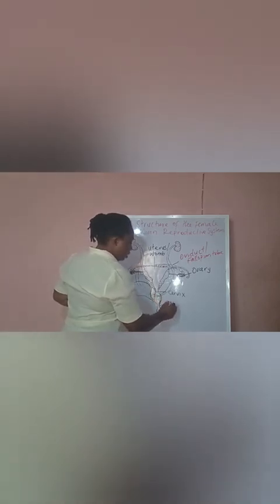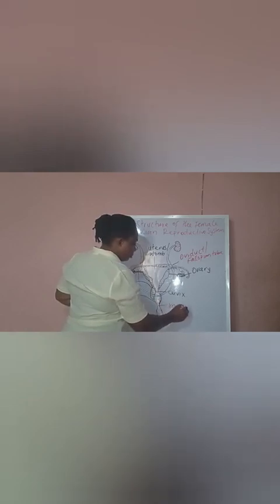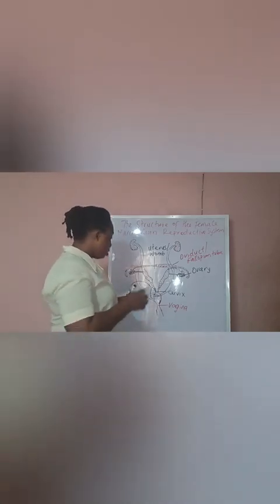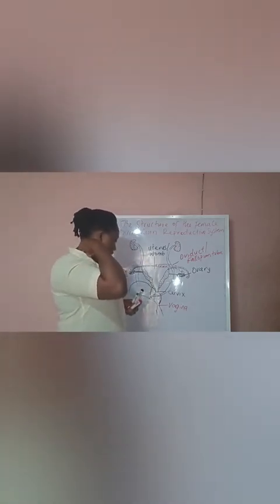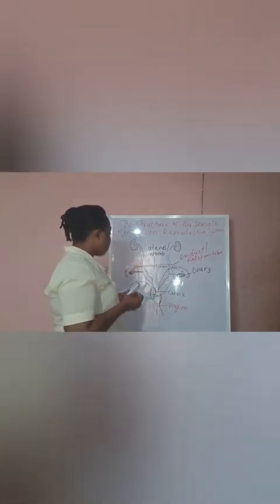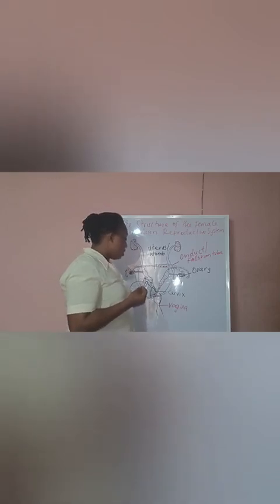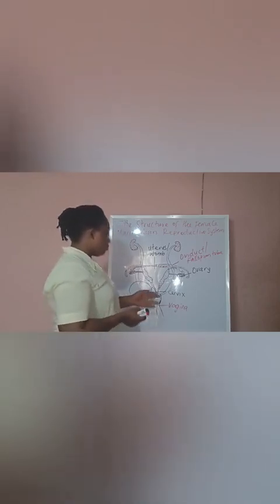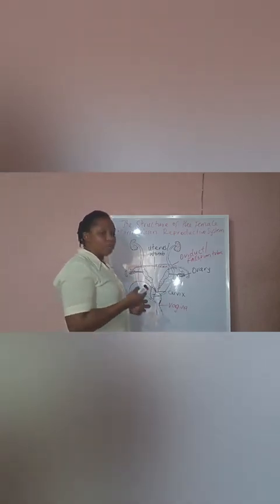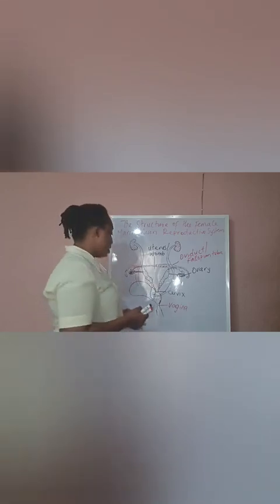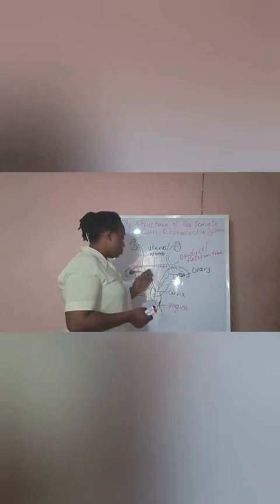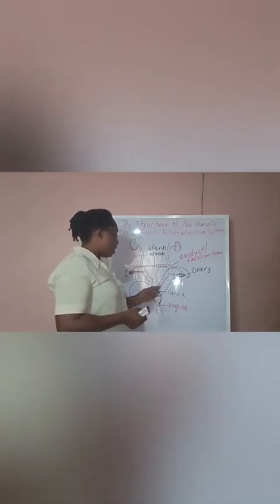So this is the vagina. The vagina is a long tube that receives the sperm. During sexual activity, the vagina receives the sperm from the penis, and the sperm travels through the vagina.